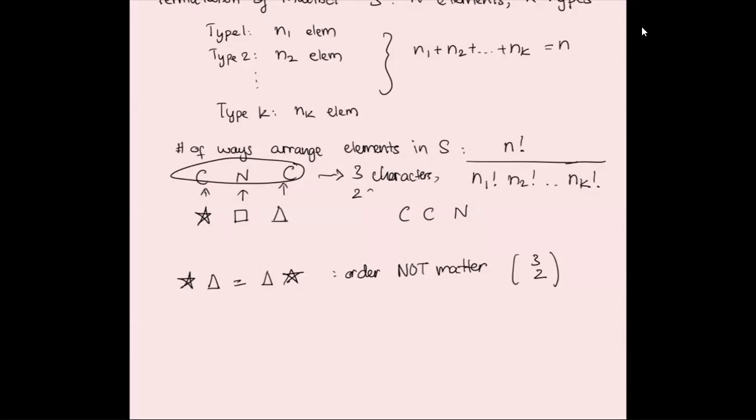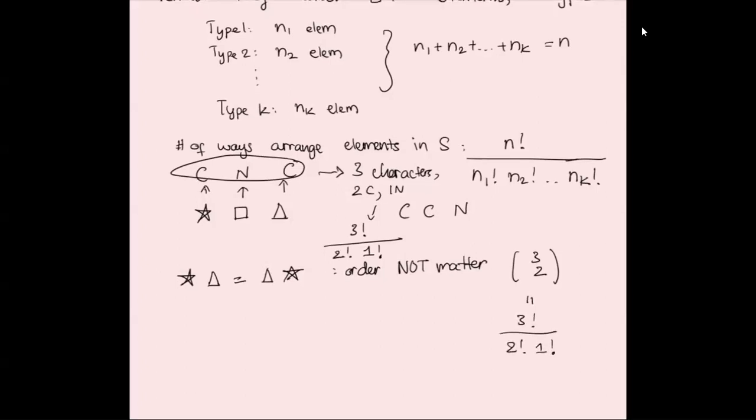Out of those, you have 2 C and 1 N, which means the number of ways you can arrange them is 3 factorial divided by 2 factorial times 1 factorial. And they are equal. This is why you have the formula for combination.